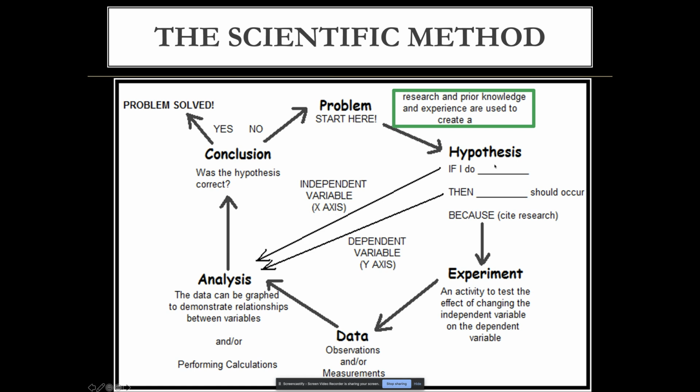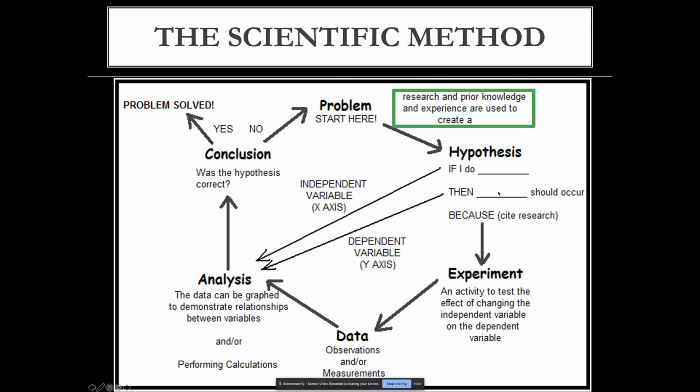If I do this thing, then this result should occur. Cause and effect. We're going to call the effect the dependent variable, and we will graph it on the y-axis when we do our analysis. So if I do this, then this should happen.